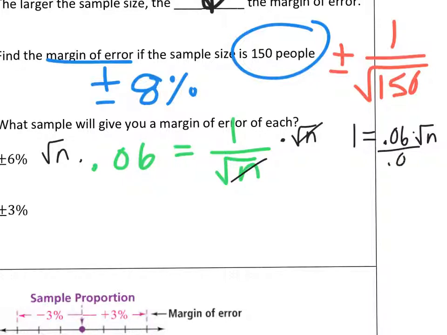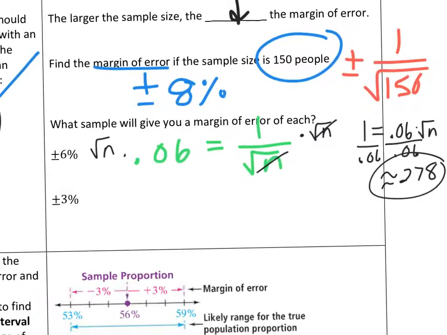Now I can divide by 0.06. So if I do 1 divided by 0.06 and then square that number to get rid of the square root, I'll get approximately 278. So the sample that will give you a margin of error of plus or minus 6% is asking 278 people.